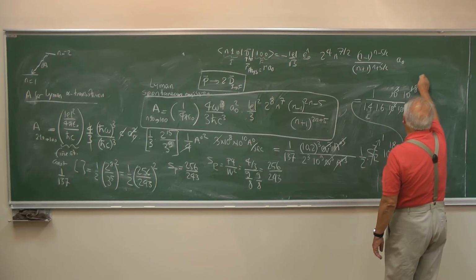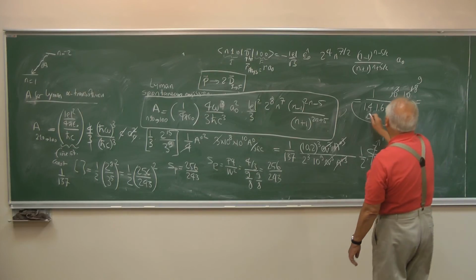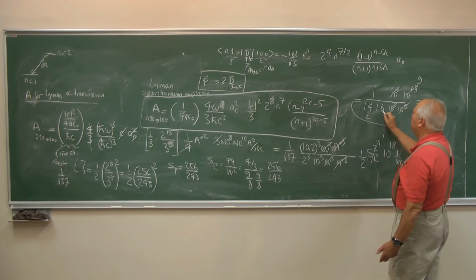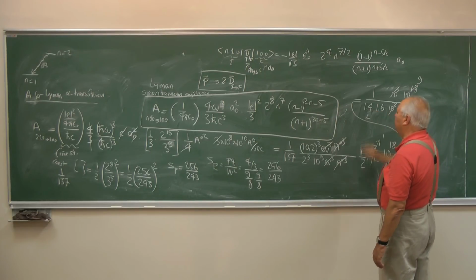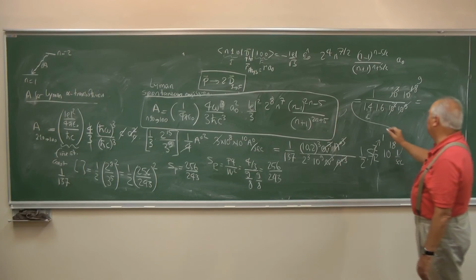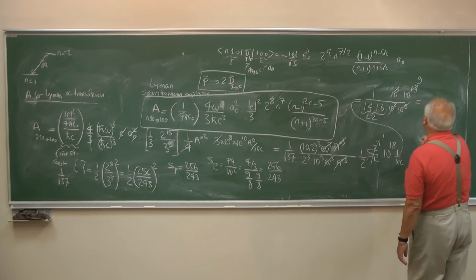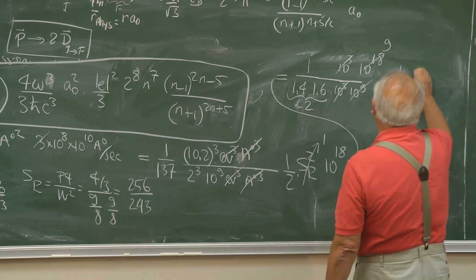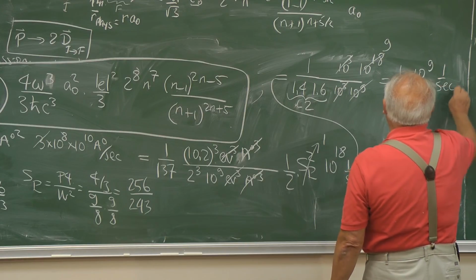This gives me 9. All right. What is this? This is a bit bigger than 1.5. This is a bit smaller than 1.5. Square is 2.2. Call it something like 2, roughly speaking. 1 over 2. So it is 1 over 2, 10 to the 9, 1 over second.